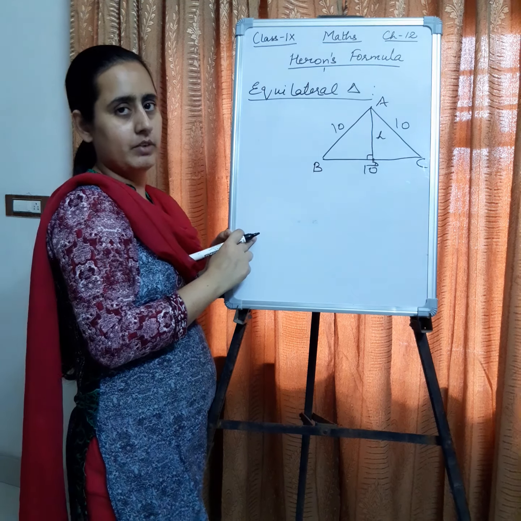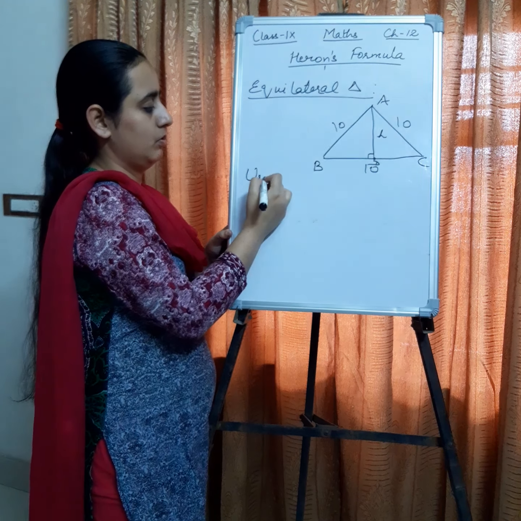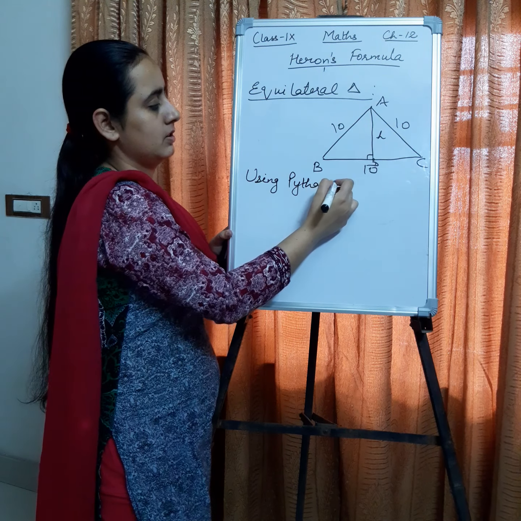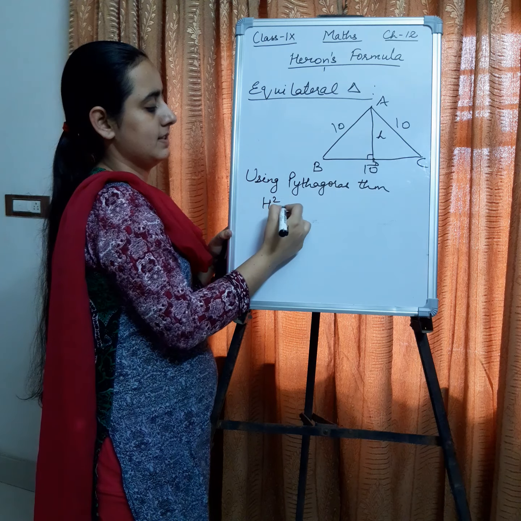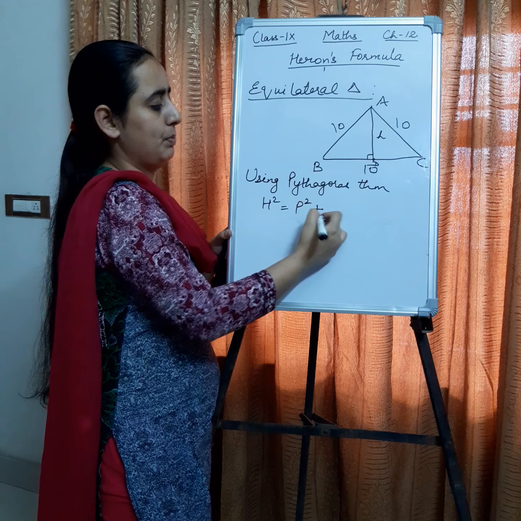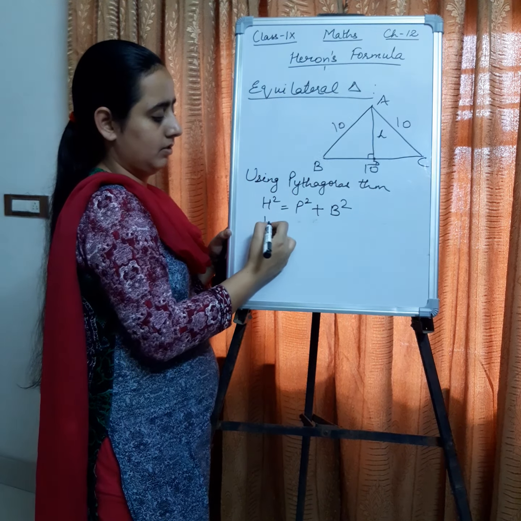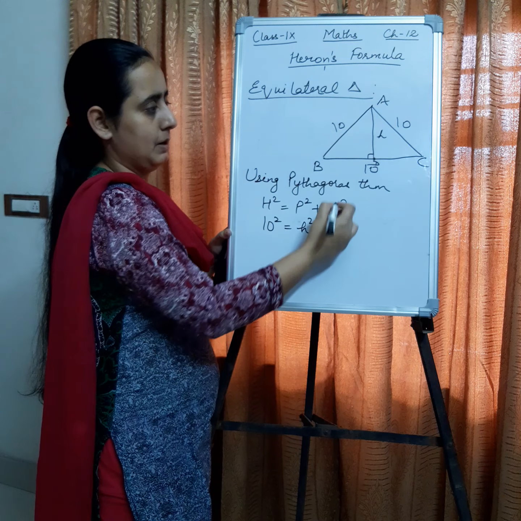You must be knowing we have already done the Pythagoras theorem. So using Pythagoras theorem, what does it say? H square is equal to P square plus B square. Here H is 10, P is H square and B.